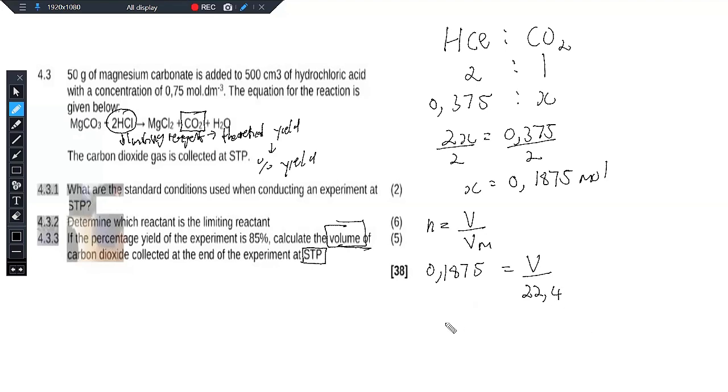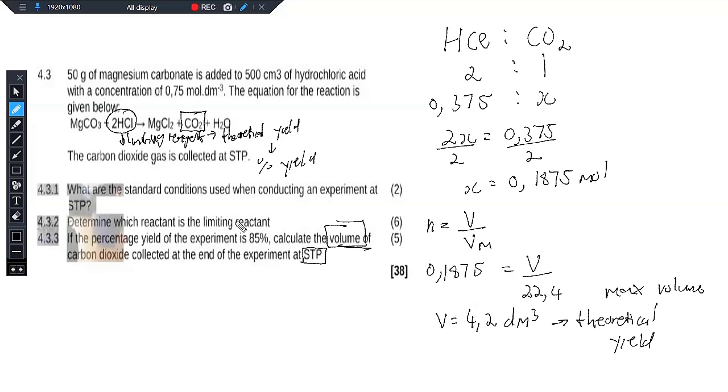And then when we cross multiply this, our volume is 4.2 dm cube. So this would be what we call the theoretical yield. So this would be the maximum volume produced.